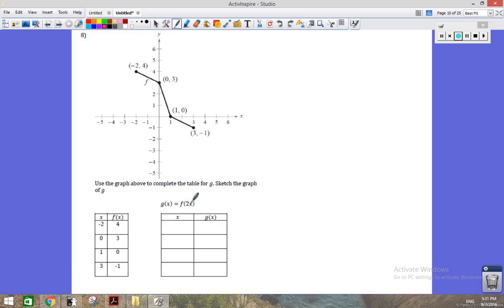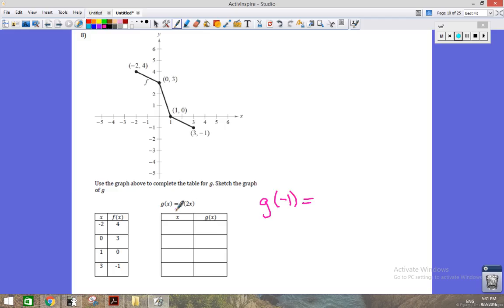And being inside the parenthesis, affecting the domain, affecting the x, the result is kind of an unexpected behavior. It's kind of bizarre. Let's see if we can fill in this table. So suppose I'm interested in evaluating G at -1. Can I figure out what the output would be when x is -1?